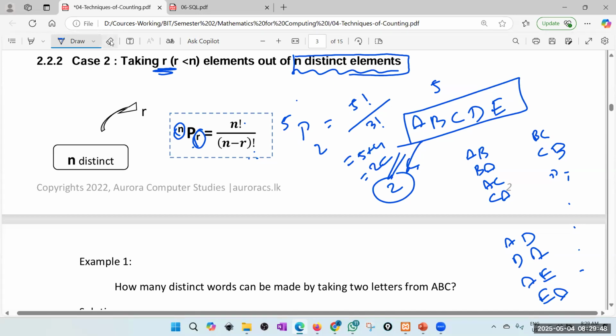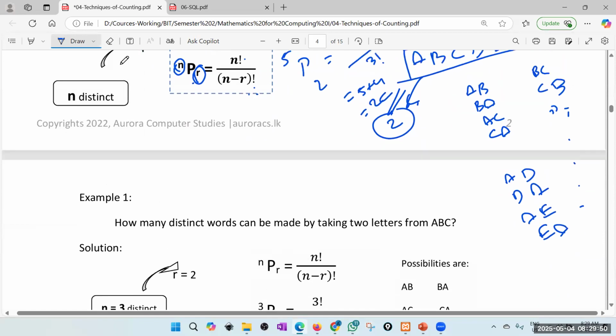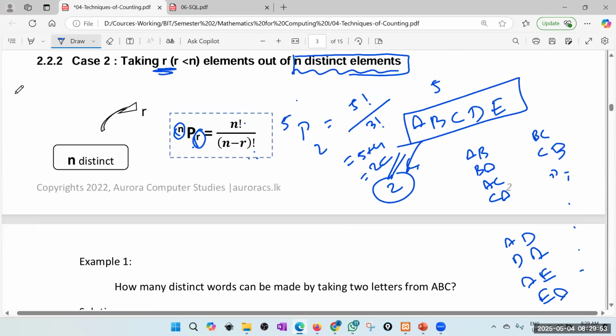So just double check whether that formula is correct. For example, if you have 3 elements and you take only 2 at a time, how many ways can you arrange them? Let's do it according to the formula. That is 3P2. That is factorial 3 divided by factorial 3 minus 2, which is factorial 1. That is 3 into 2 into 1, 6. And let's see whether it's only 6.